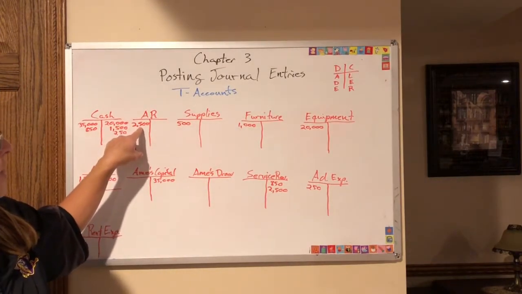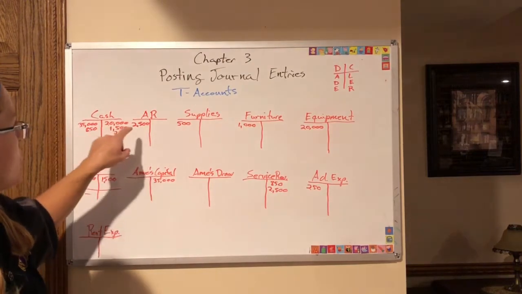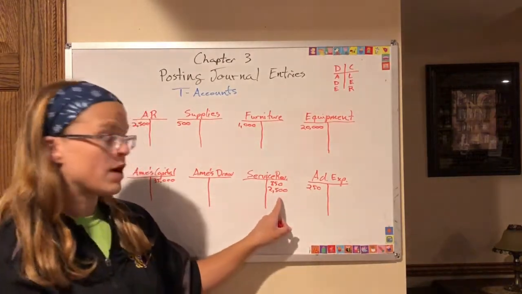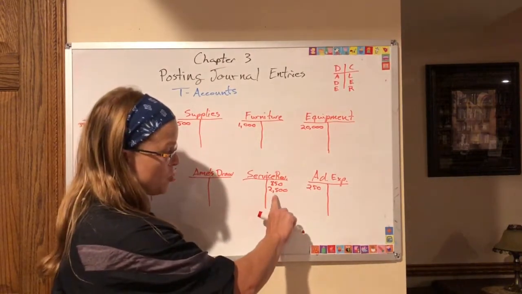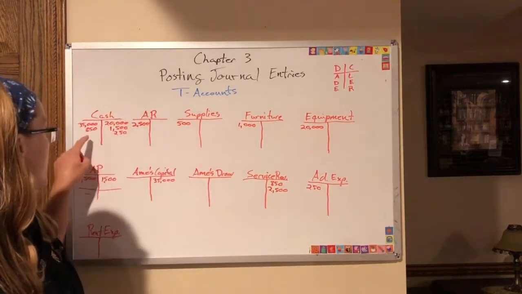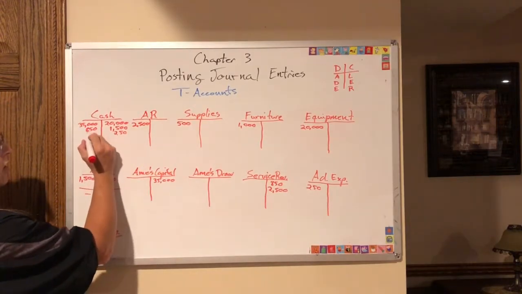for the accounts receivable. So she receives $300 of what she's owed for accounts receivable. Now she had already recorded the $2,500 in service revenue. So the two accounts that are going to be impacted are cash, because cash is coming in.